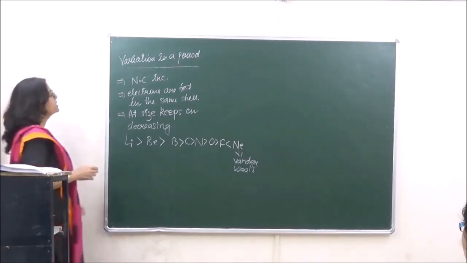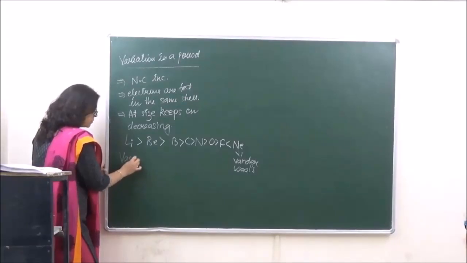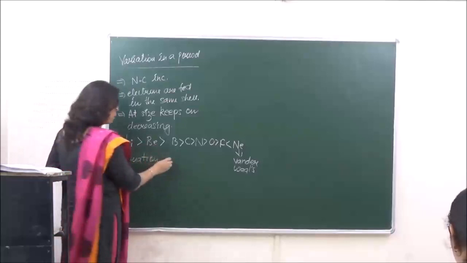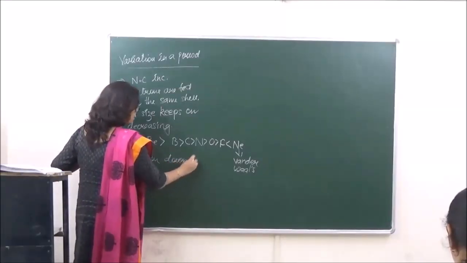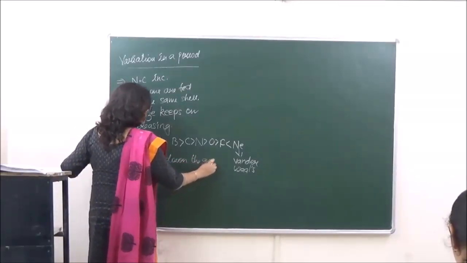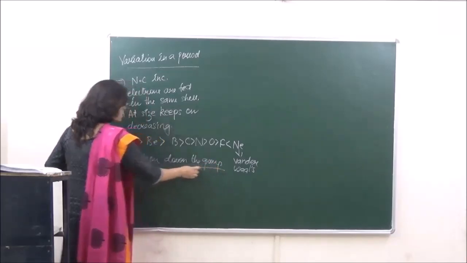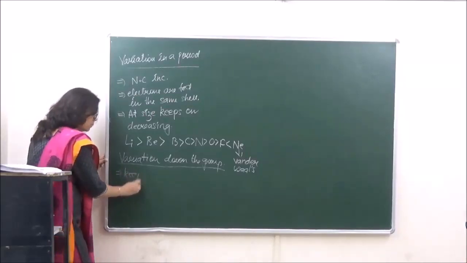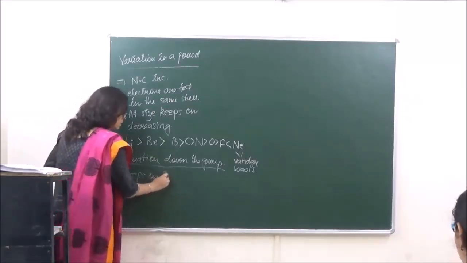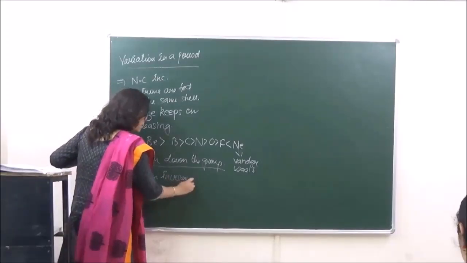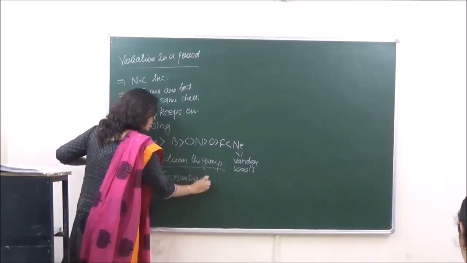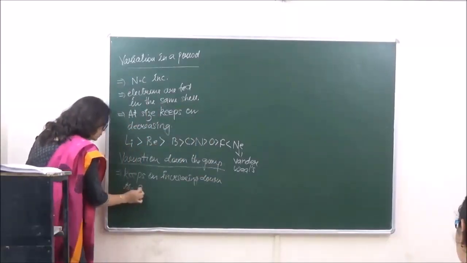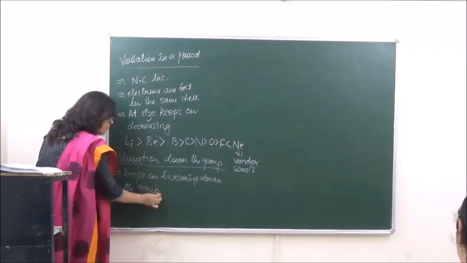Okay, van der Waals forces are going to be present, therefore the size increases, otherwise the size keeps on decreasing. Then second is variation down the group. The size of atoms keeps on increasing down the group.